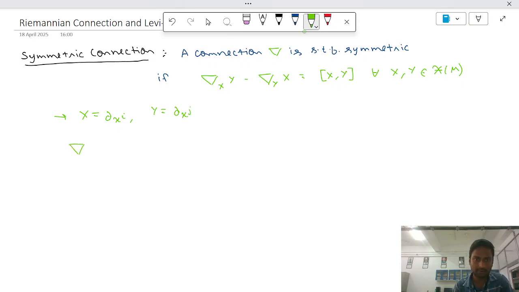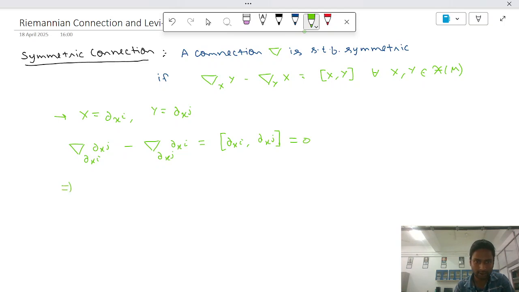So this is quite simple. You have nabla_{del xi} del xj minus nabla_{del xj} del xi, and this is equal to the Lie bracket of del xi, del xj. And you know it very well that the Lie bracket of basis vector fields is actually 0.